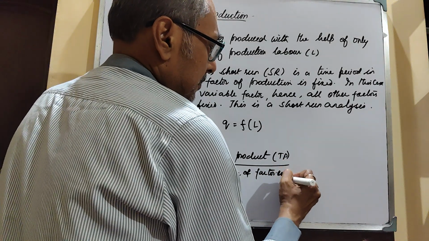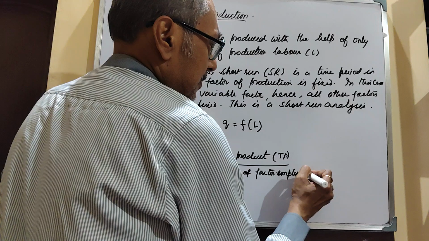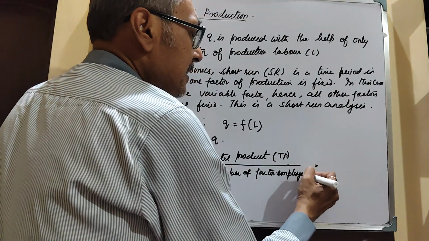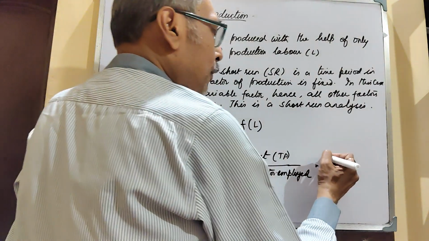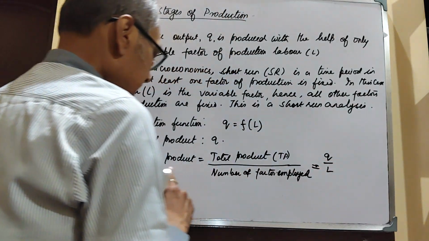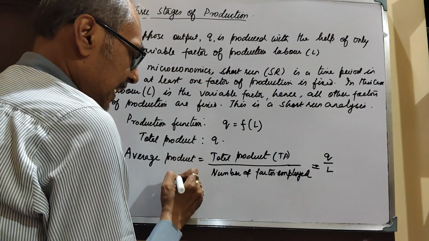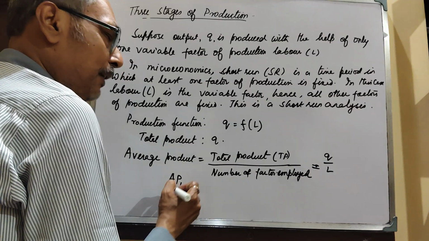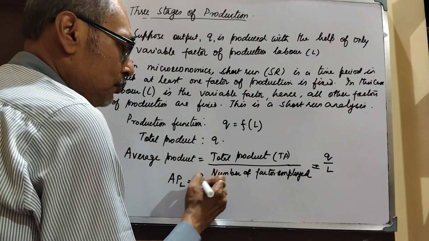Therefore we can write Q by L. This is average product APL. Average product of labor is Q by L.